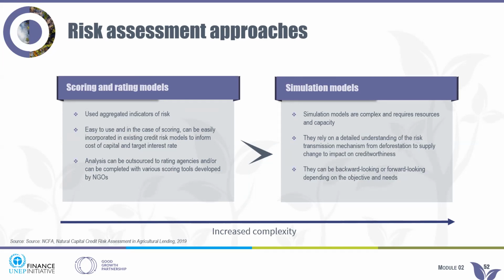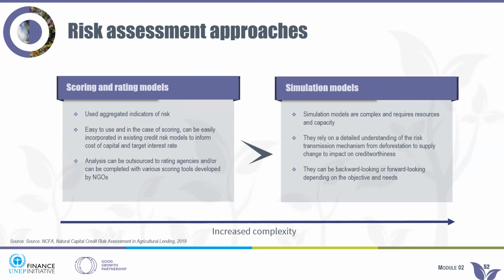So one way, perhaps overly simplistic, to classify the current state of financial risk, deforestation risk models, is to distinguish between models that rely on scores and ratings, and models that require constructing simulations and scenarios.